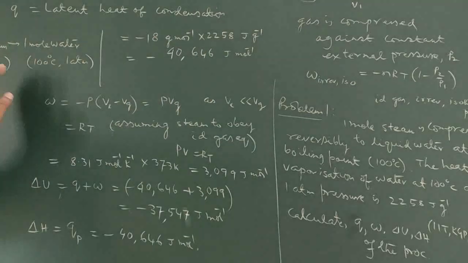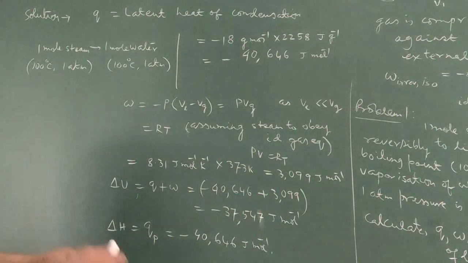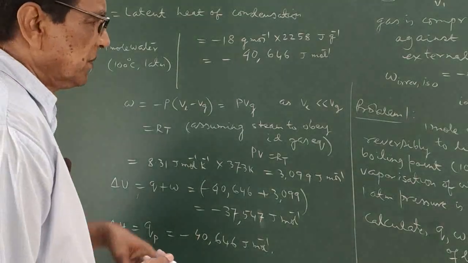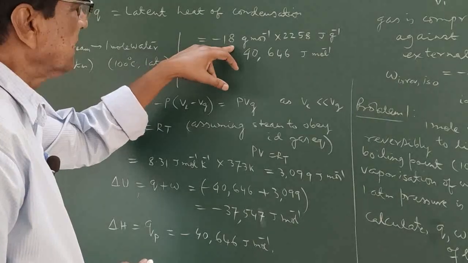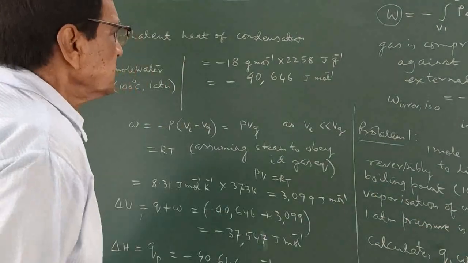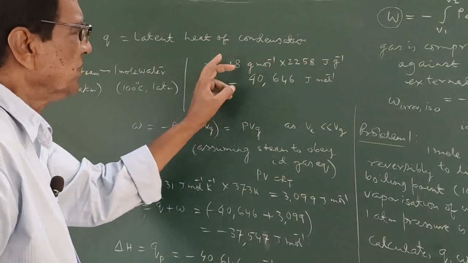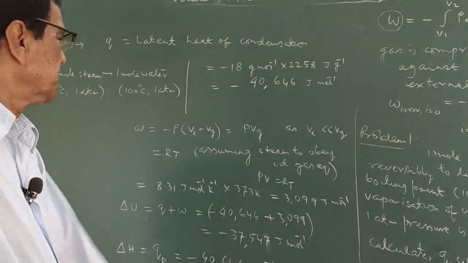Process is like this. So Q here is the latent heat of condensation, so heat will be liberated, and it is given here per gram. So multiplication by 18 will give you minus 40646 joule per mole.